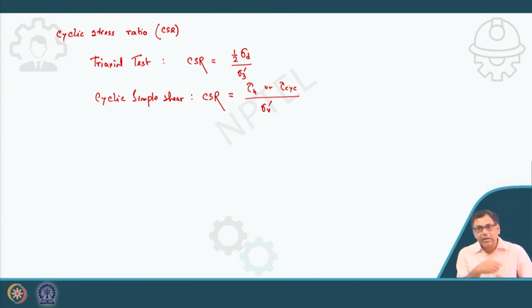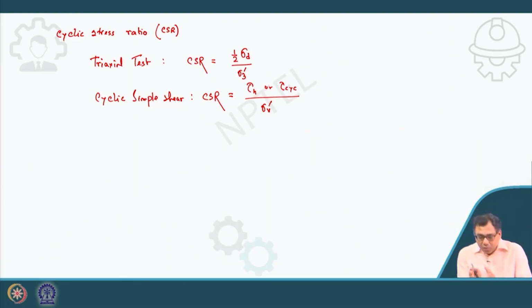As I mentioned, in the cyclic simple shear test the field condition can be simulated easily. In the field also, the consolidation stress is sigma v bar. So here this is sigma v bar or dash, and in triaxial it is sigma 3 dash. This way it is represented.